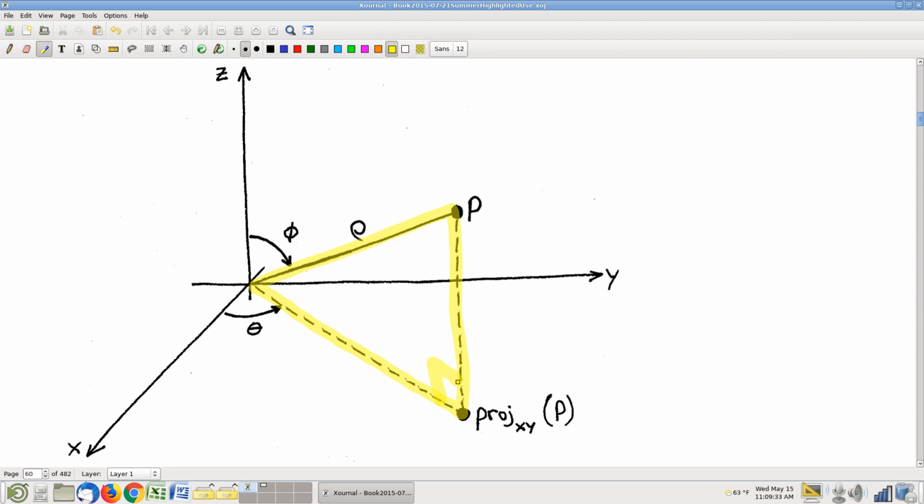And then notice that this thing here that we previously called r, I can write down very conveniently in relation to this angle phi. r is rho sine phi.